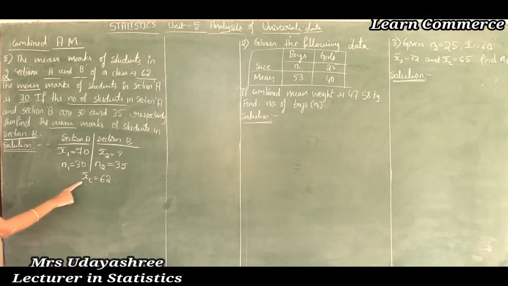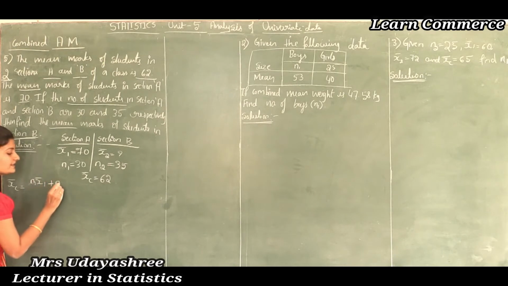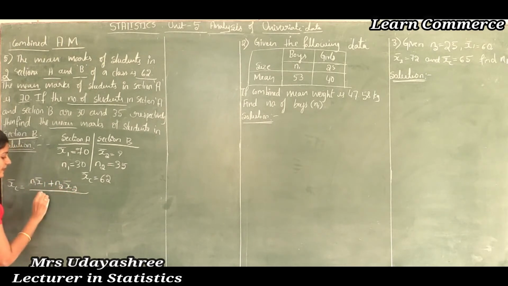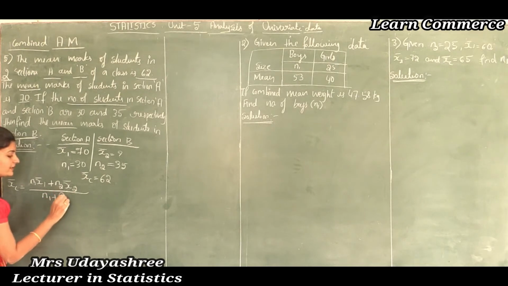Next, we know the combined arithmetic mean formula. That formula is x bar c equals n1 x bar 1 plus n2 x bar 2 divided by n1 plus n2. Here x bar c is given in the question.